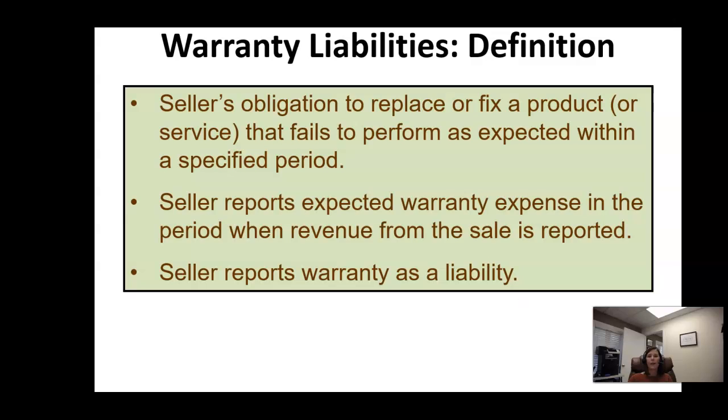If we sell a product and we know that a certain percentage of products get returned to us for service, and we know roughly what the labor and the materials cost is for that warranty work, we really need to account for that at the time the sale happens, because we know we're going to have the expense, and we want to make the expense for that warranty match the time period in which we had the revenue from that sale. It's sort of back to that matching principle.